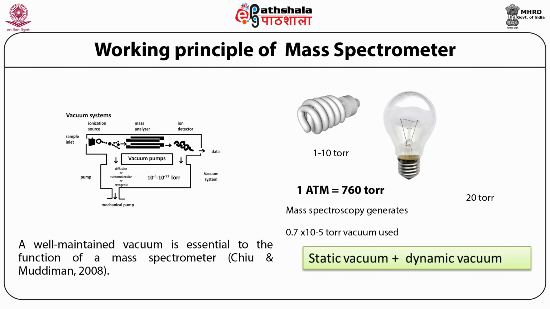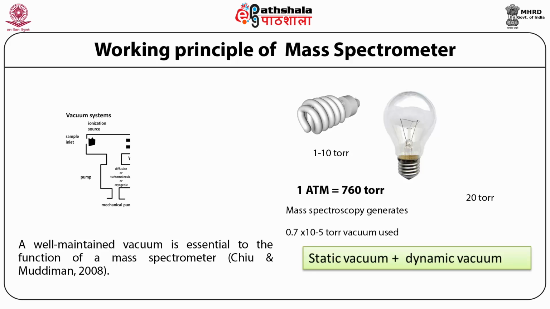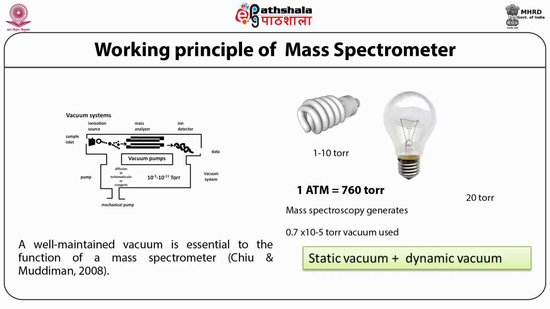This dynamic vacuum sucks away the inflow nitrogen happening at different stages, or the vacuum loss due to the entry port where the sample is introduced. So a well-maintained vacuum is essential for the function of the mass spectrometer, and therefore the turbomolecular pump and the mechanical pump together give enough vacuum.